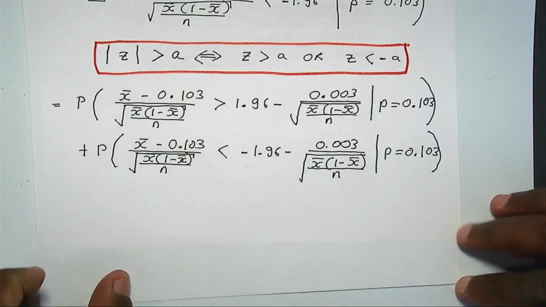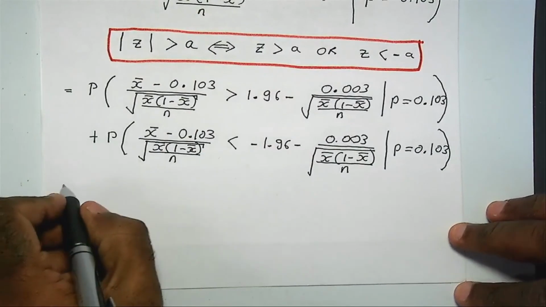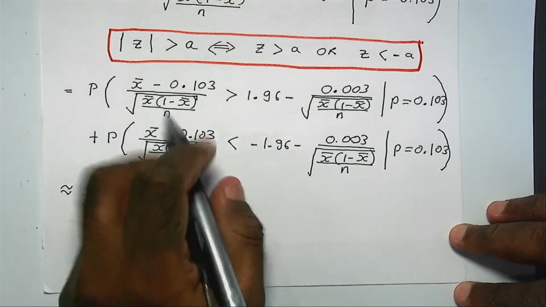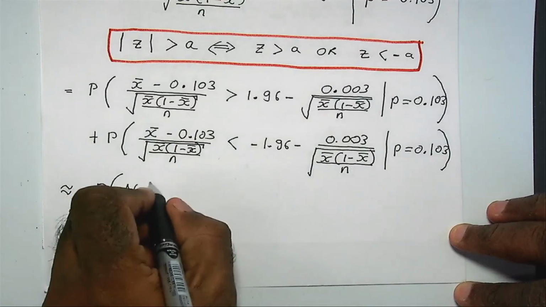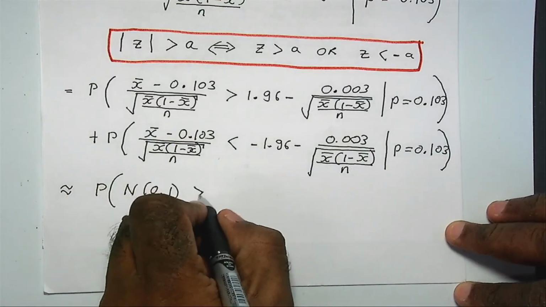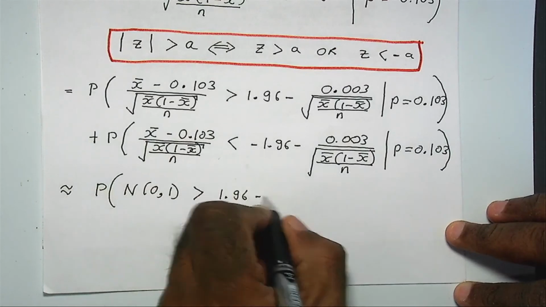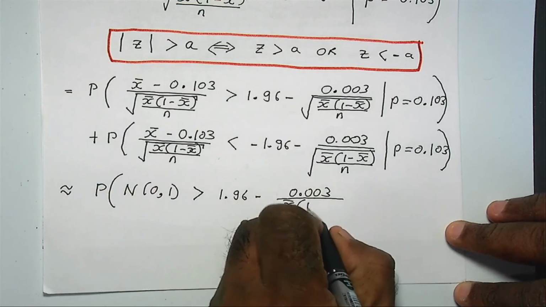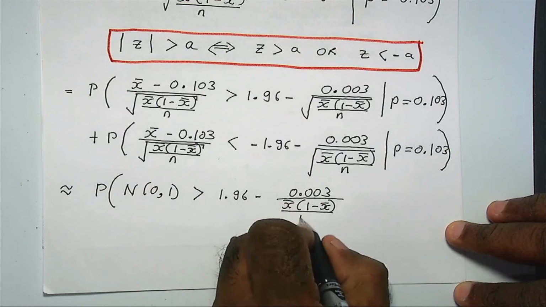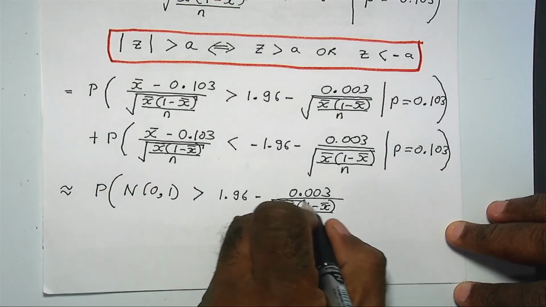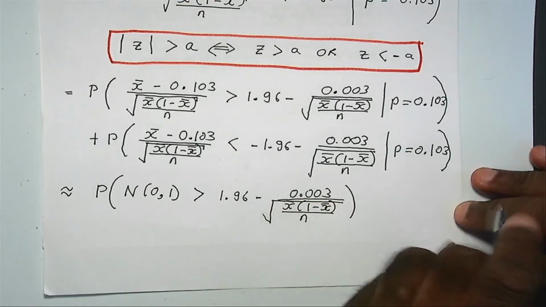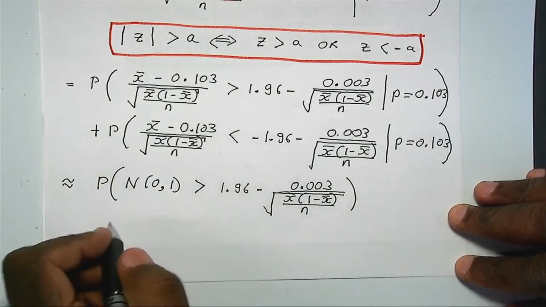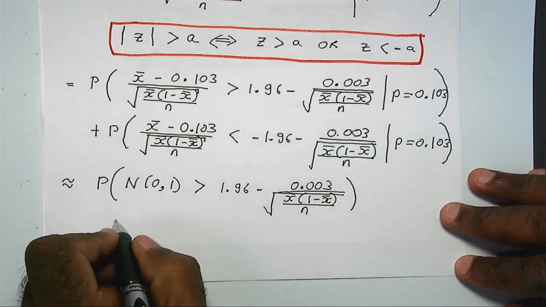In the next step, I'm going to argue that because of what I mentioned in the previous question, this probability is approximately equal to, okay, and we don't need the conditioning anymore because we have used the conditioning to argue that this has an approximate standard normal distribution, right?